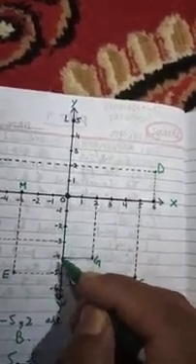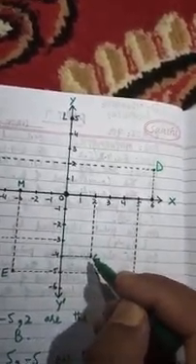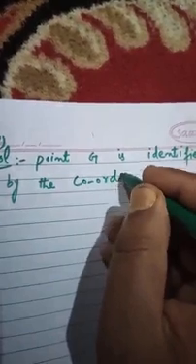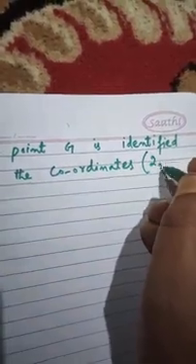Moving downwards, here it is -4, so point G. We can write here: point G is identified by the coordinates 2, -4. This is the solution of fourth part.